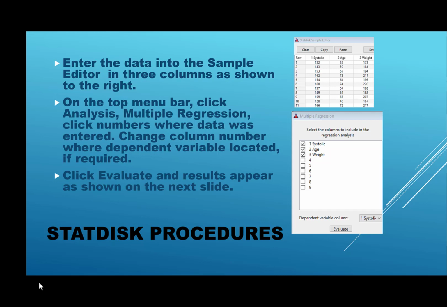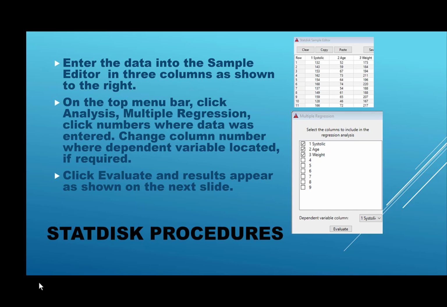And basically all that it is asking at this point is, where did you put the data? What columns do you have data in? And so remember, we've got columns 1, 2, and 3, so you'll note that they are clicked. The other thing that you're asked in this menu is which one of those columns contains your dependent variable. Remember, we said systolic blood pressure was our dependent variable, and it is in column 1, so that is what you would choose for the dependent variable column.